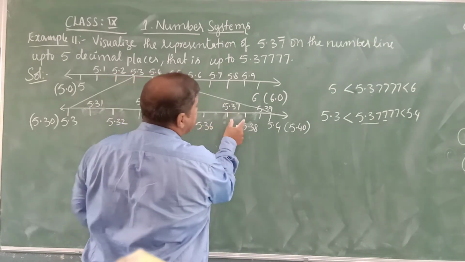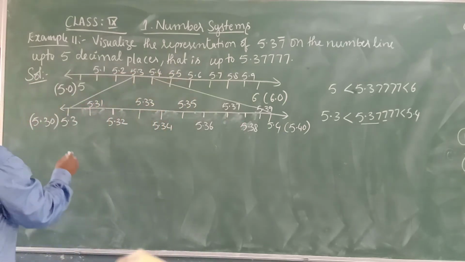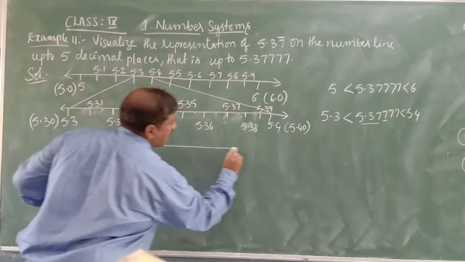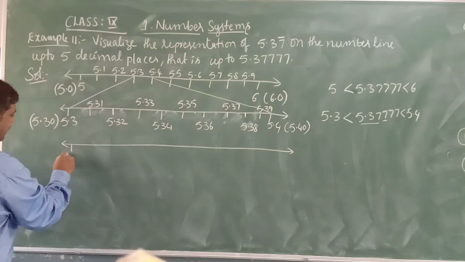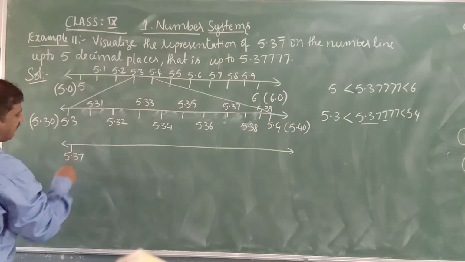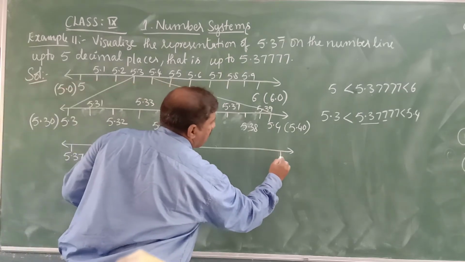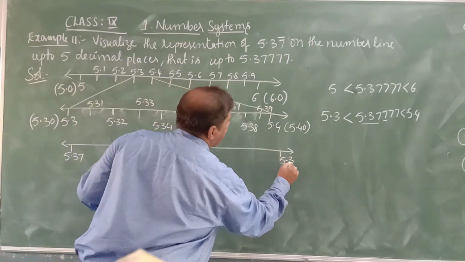So this space is divided into 10 equal parts. Which space is it? This is 5.37 and this is 5.38.